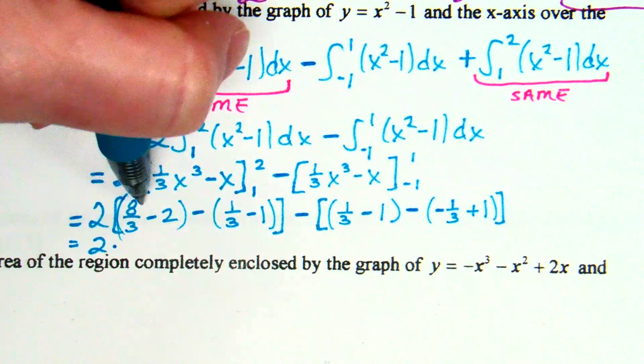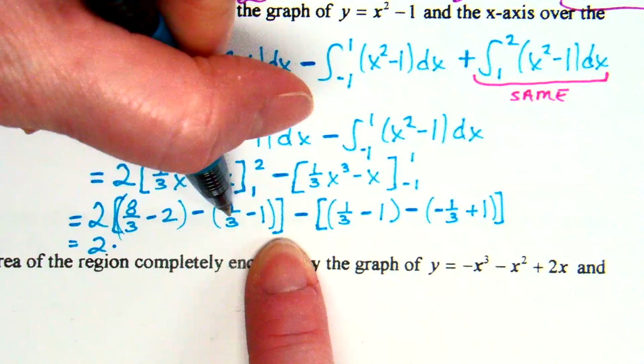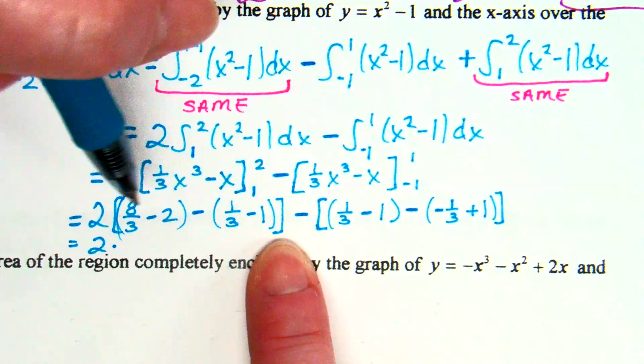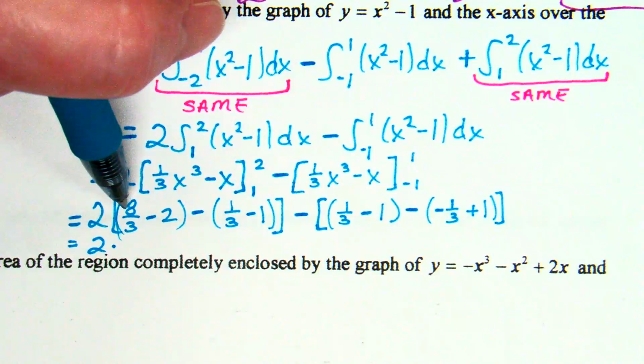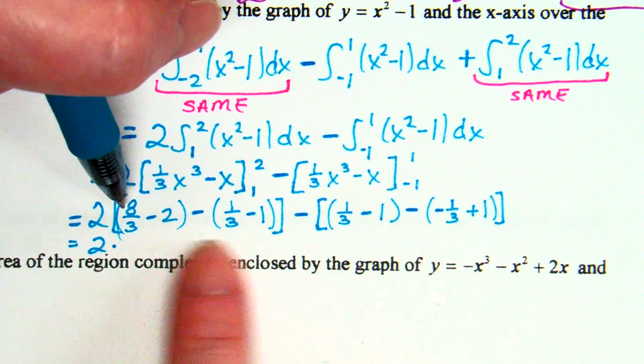I'm going to keep my 2 out front here. Okay, if we just look in this first area here, the 8/3 minus the 2 minus the quantity 1/3 minus 1. How much of that can you guys do in your heads? 2/3 minus 1/3 plus 2/3. So 4/3. Not counting the 2.